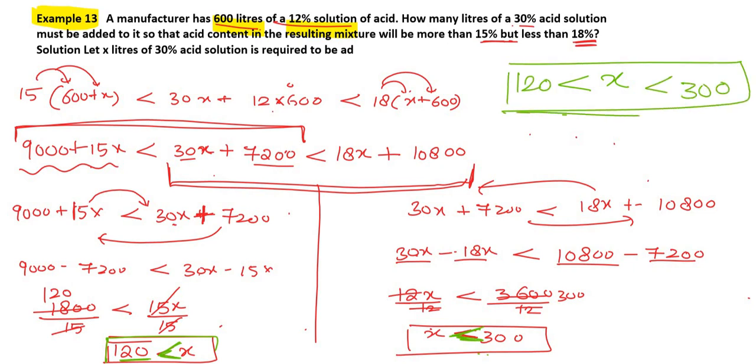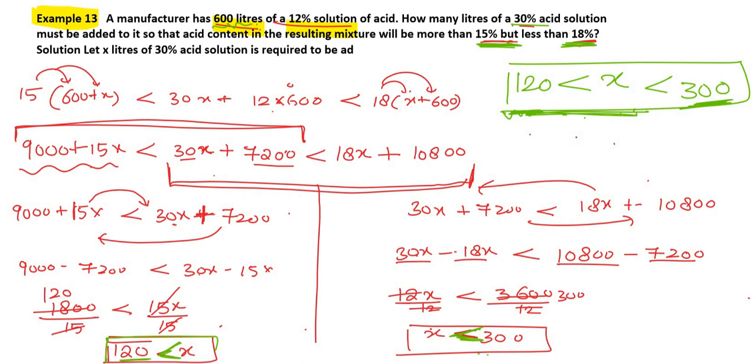So these many liters we should mix in 600 liters to make a solution which is more than 15% but less than 18%. So either we should mix 120 or 140 or 160, but less than 300 liters of the second solution, which is 30% acid.